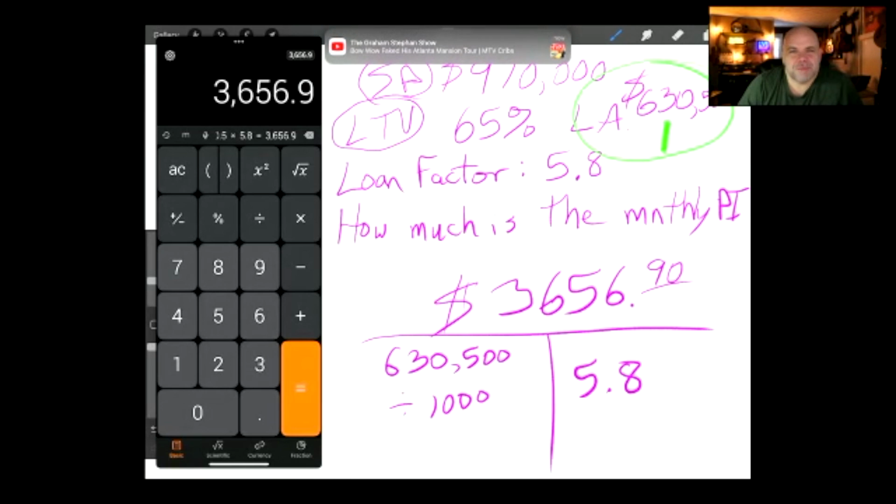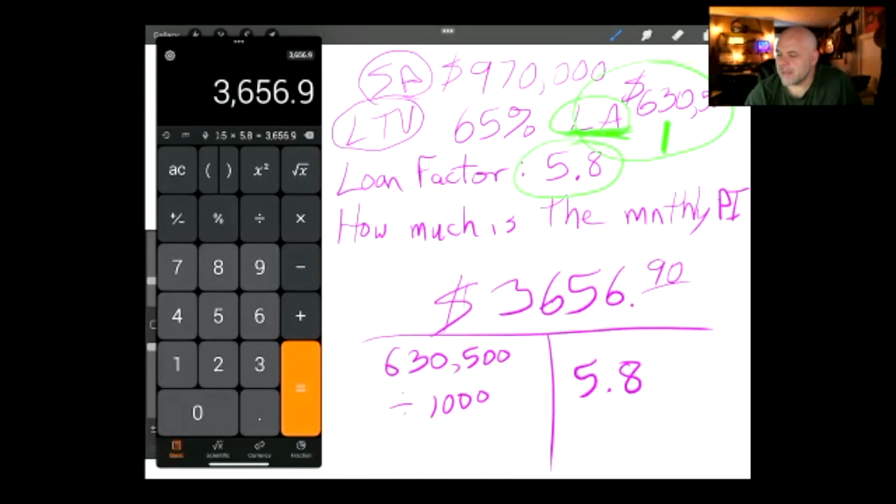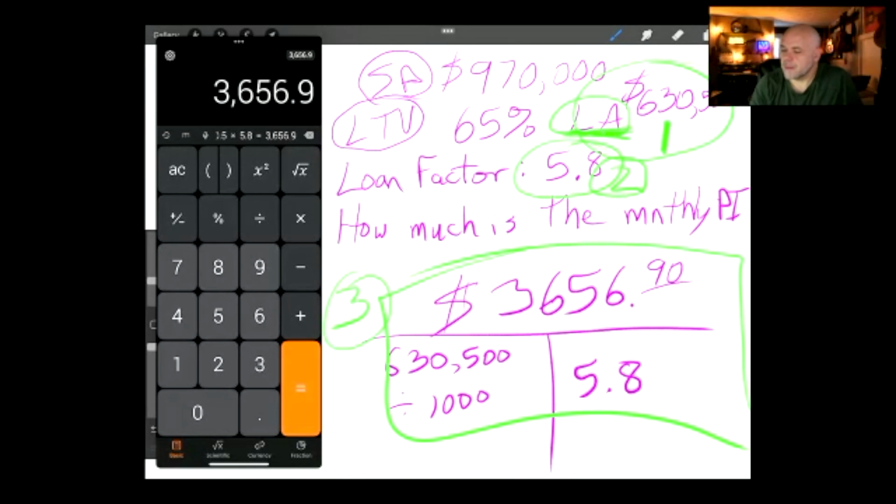They might have just been cool about it. So step 1, if you don't already have the loan amount, you might have to figure it out. Step 2, identify the loan factor. Step 3, plug them in to the circle formula. And then as a little side note, don't forget to divide by 1,000.